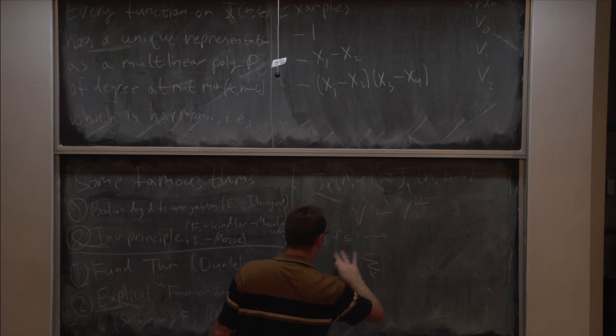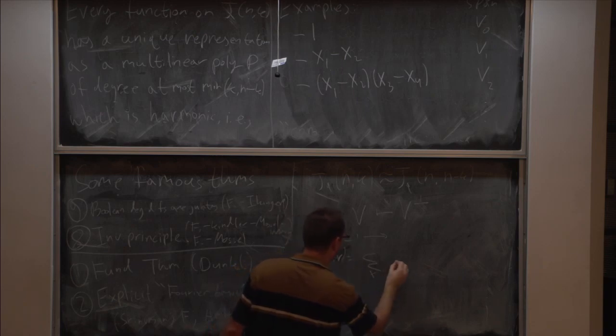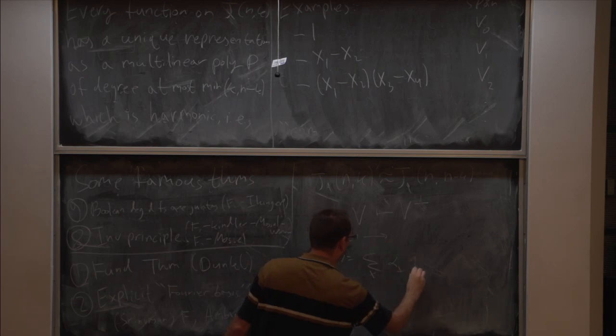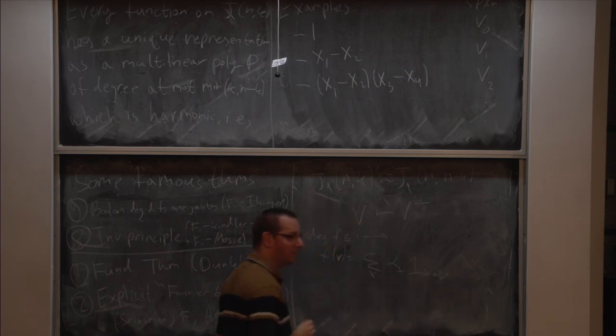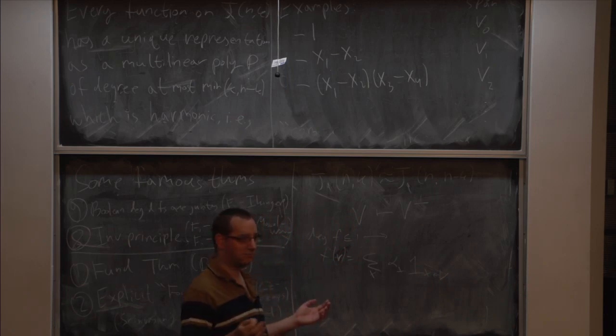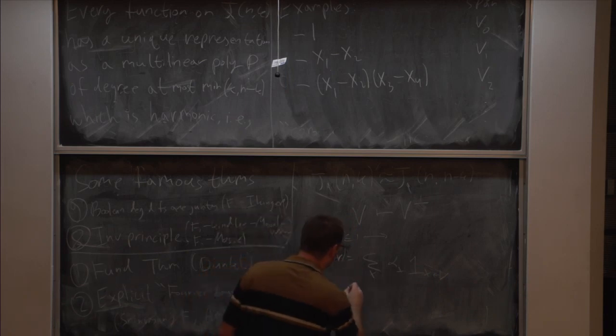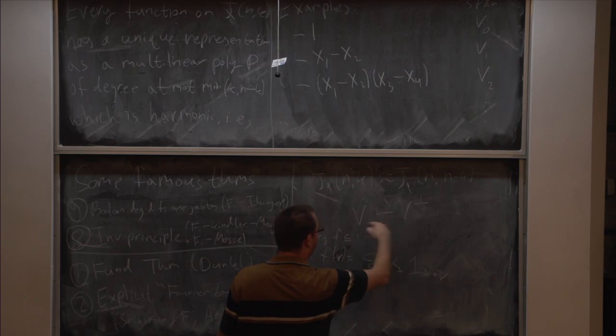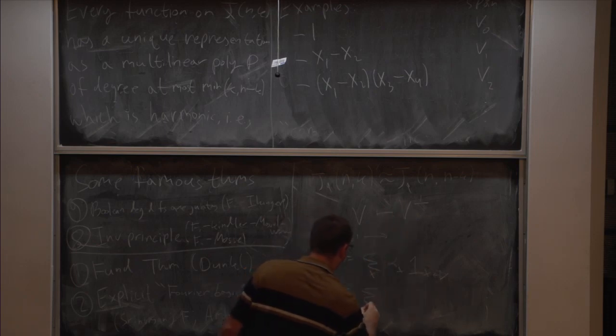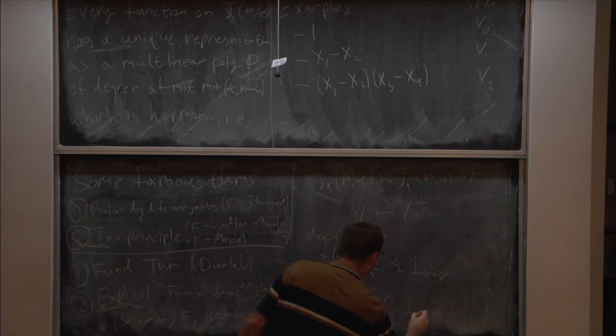Let's say f of V is a sum over all vectors x, alpha x, times the indicator that x is in V. This is one representation, but you can also do it if you apply this mapping, with beta y, times the indicator that y is perpendicular to V.